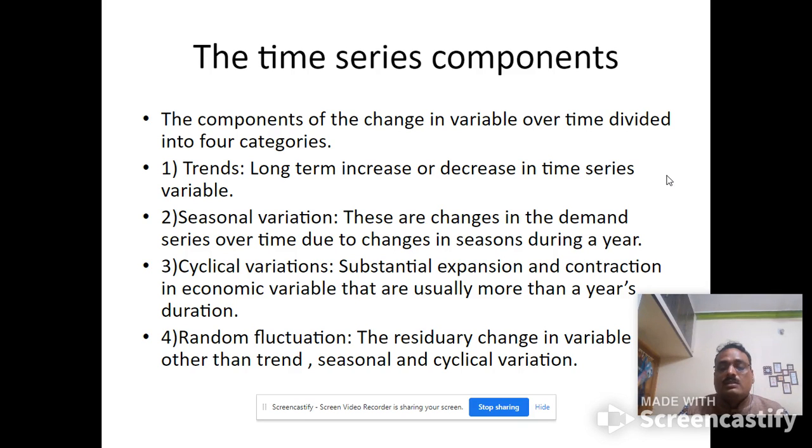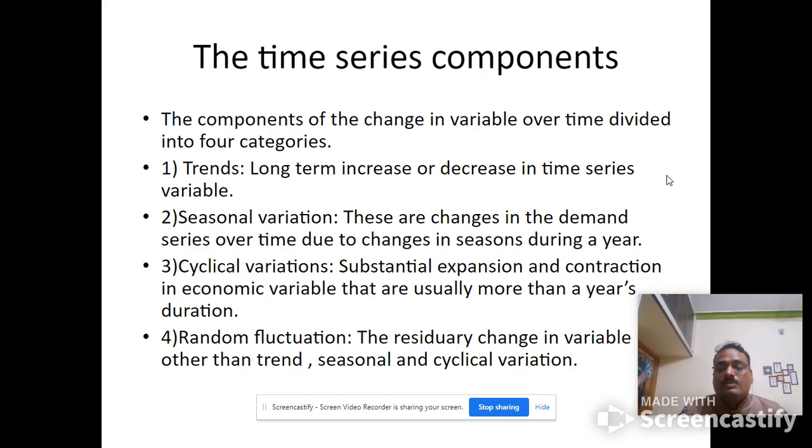The seasonal variation basically is related to the change of the demand in relation to a season. So during a year, there will be different seasons, and in different seasons, the demand for a particular good will be undergoing a change, and that will be happening in a typical pattern.